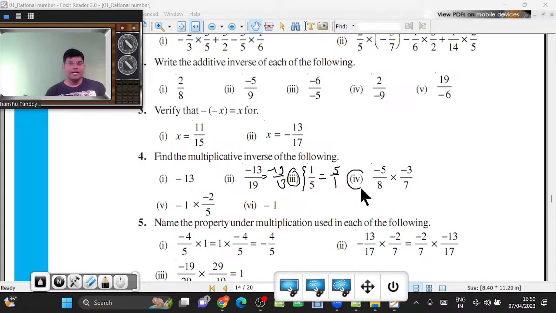What is the multiplicative inverse of minus 5 by 8 into minus 3 by 7? Anvita, tell me. Yes, sir. The answer of that is 15 by 56. So the multiplicative inverse is 56 by 15.